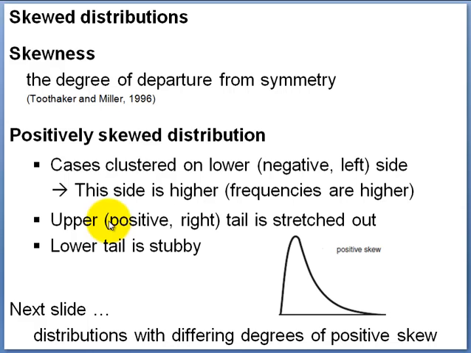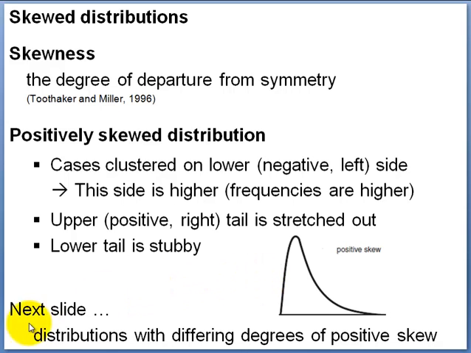The upper tail, which is to say the right tail, in a positively skewed distribution is quite stretched out and, so to speak, elongated. Conversely, the lower tail, the left tail, is short and stubby. So, here is a look at a positively skewed distribution.